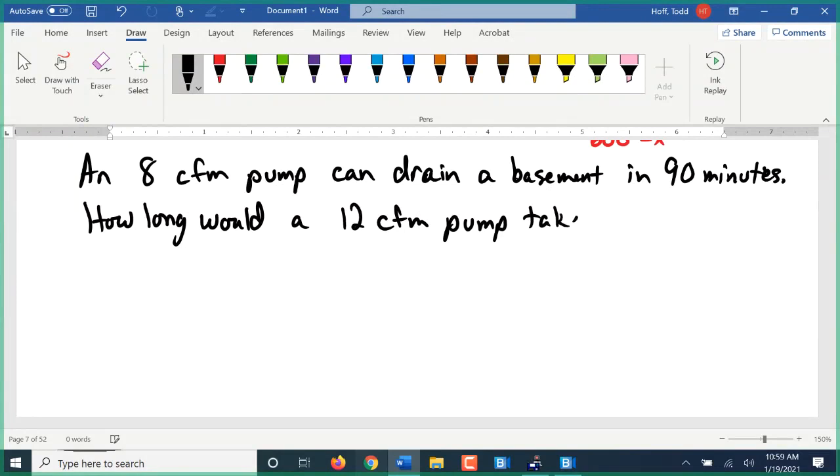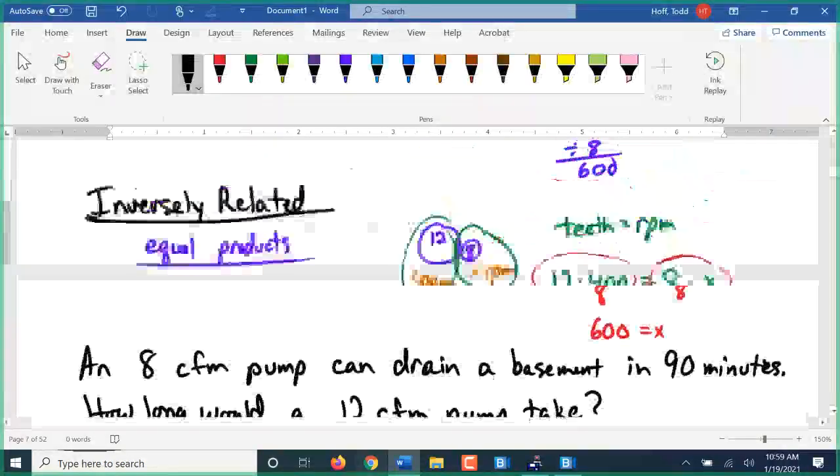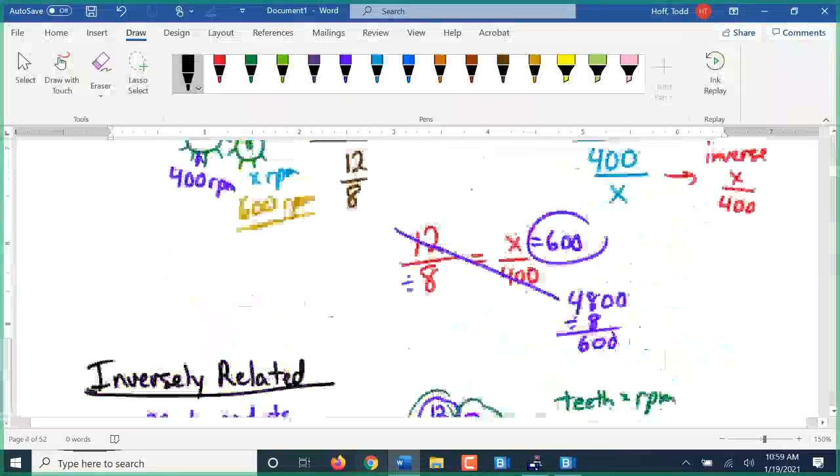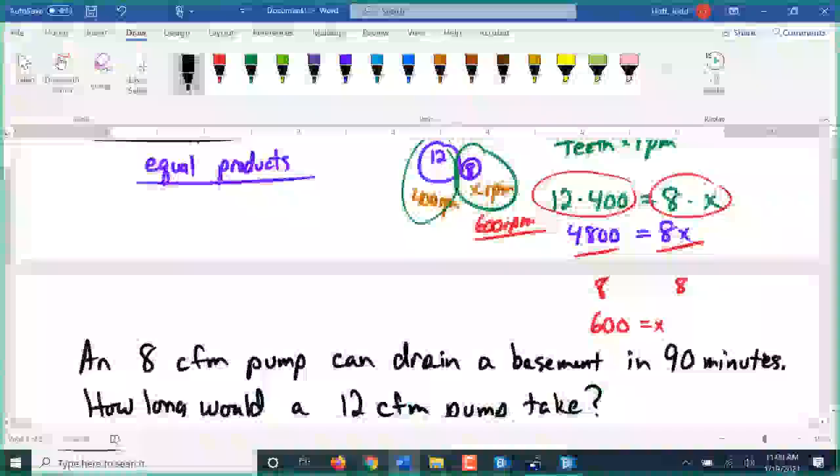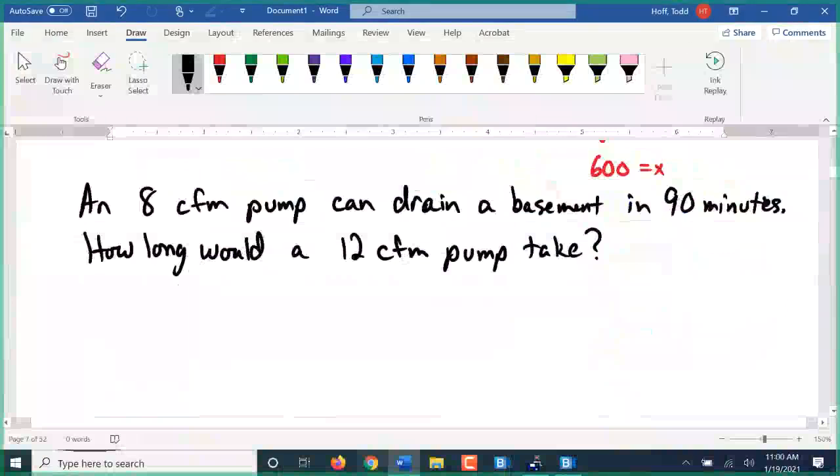So again, CFM is cubic feet per minute. It makes sense that a larger pump is going to take less time. And that is the key to inverse relation. Whether you call it inverse proportion or inverse relation, if one number gets larger, the other number has to get smaller. We get a bigger pump that pumps the water faster, time it takes gets smaller, it takes less time.